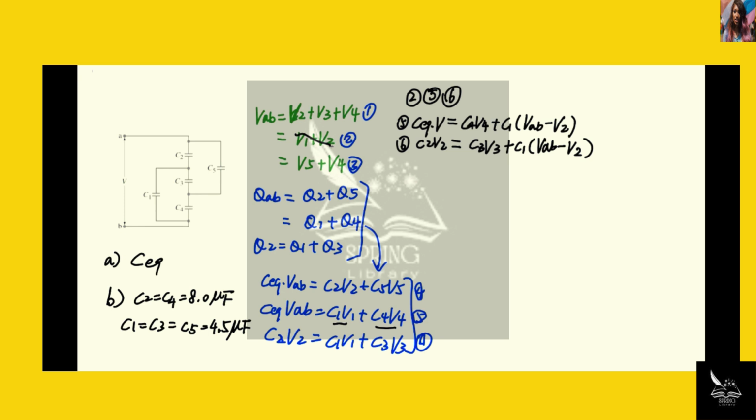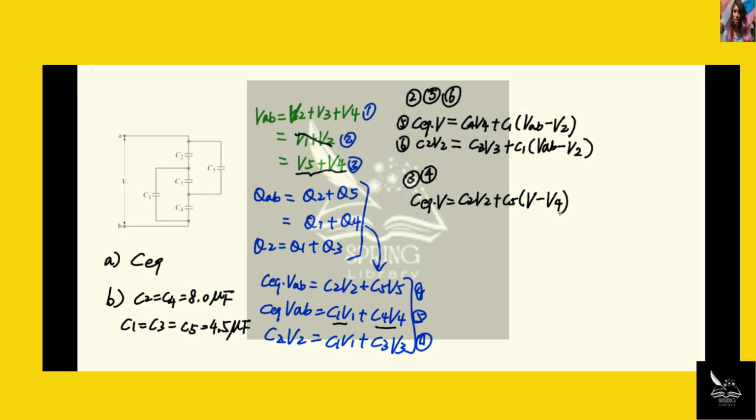And then let's eliminate even more of the voltages. Let's say I want to eliminate V5, so I can use equation 3 to eliminate V5. That's in equation 4. So C equivalent times V, I'll just write VAB as V for convenience, equals C2 V2 plus C5 times V minus V4.